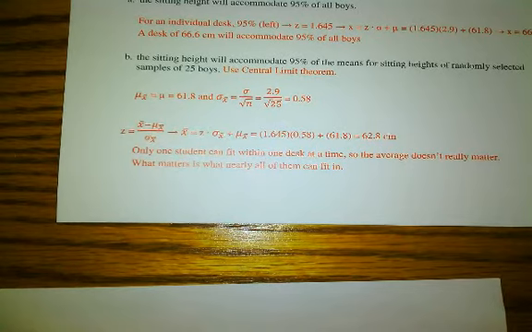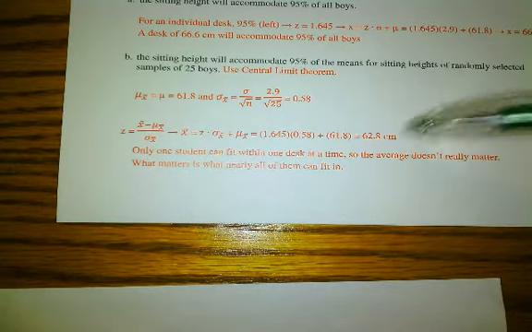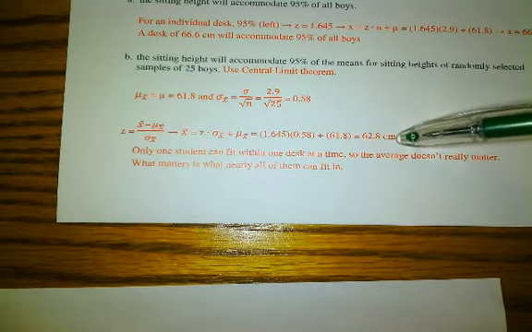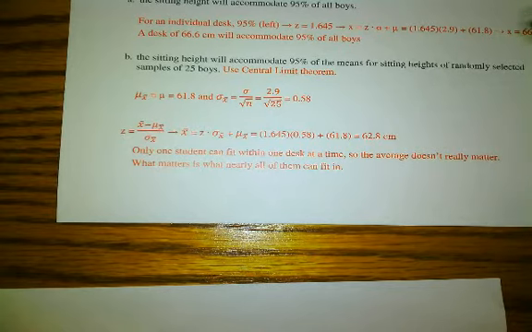Now, only one student can fit within one desk at a time, so the average doesn't really matter. In other words, if we had an average of 62.8 centimeters for our desk heights, that would accommodate the 95% of all boys. But since only one student can fit within one desk at a time, the average height doesn't really matter.